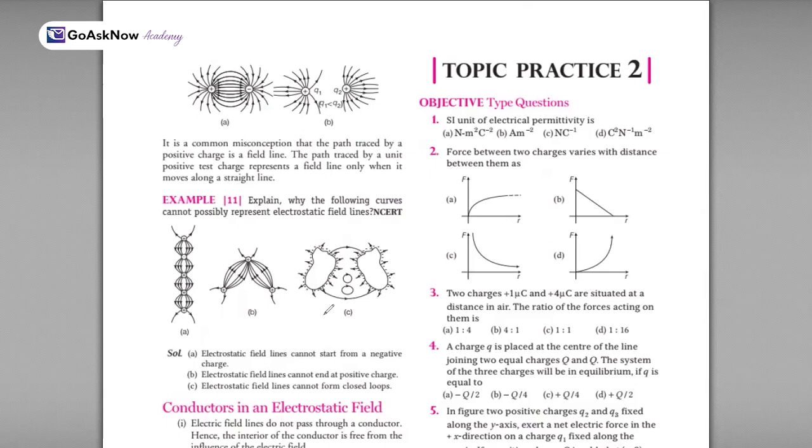It is the path covered by a test charge. Okay. So there is example 11 given, which is a simpler one. I hope that you will cover it by yourself. And let's see what the next topic in your book is.